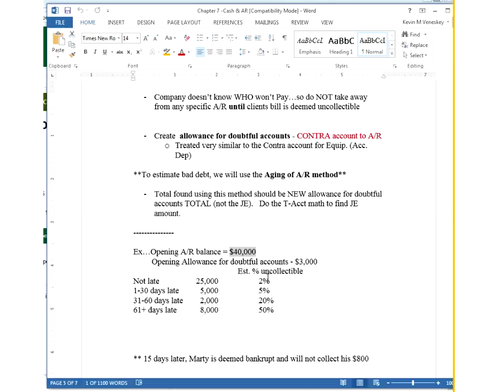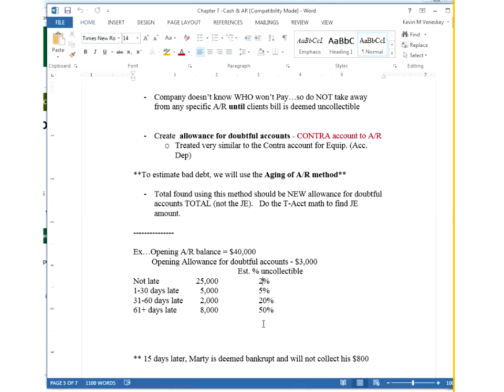This is kind of like an estimate for our depreciation purposes. If we say 5 years, it's an estimate. I don't know exactly how long. Just like this, out of the 25,000 that is currently not late at all, some of that will eventually filter down. At one point this 8,000 was not late, but it had filtered down over time to get down here, so it is pretty late.